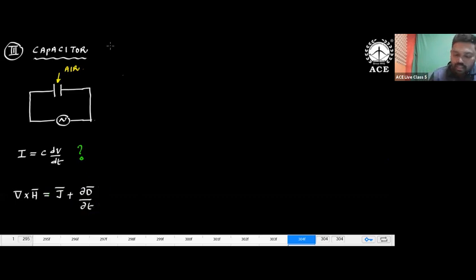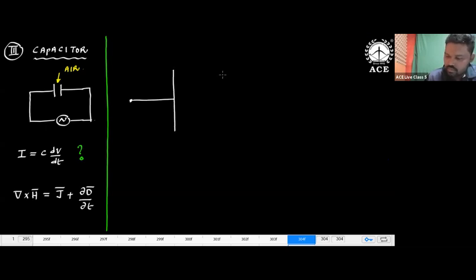Let us consider the capacitor for the positive cycle. If you consider the positive cycle, the current flow will be like this. I'll just magnify that capacitor, beta. I'll draw here. Here is the capacitor. For the positive cycle, what happens?